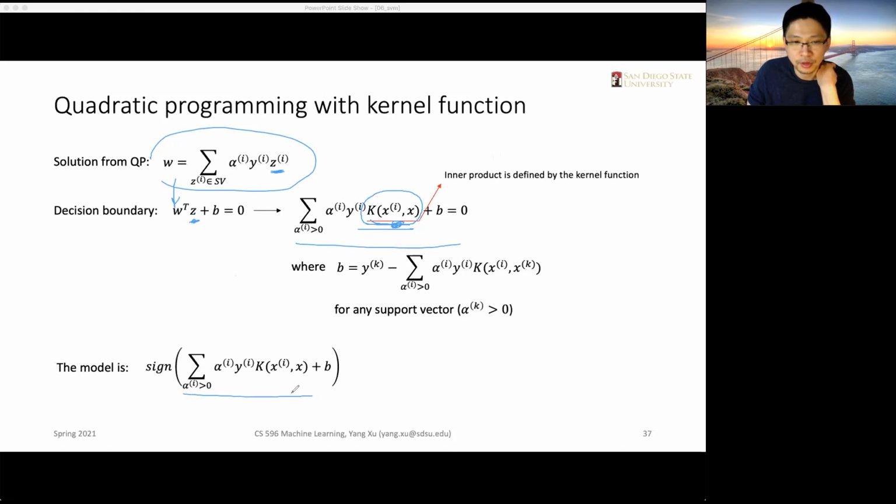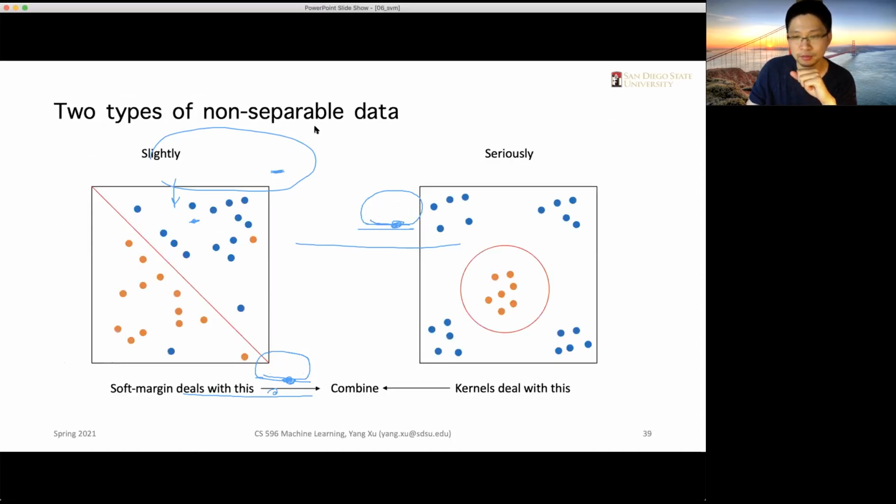We just need to know on which side the data point is at in Z space, okay? But we don't actually need to know what Z is because we just need to know these inner products, right? So based on this model, we just need to check its sign.